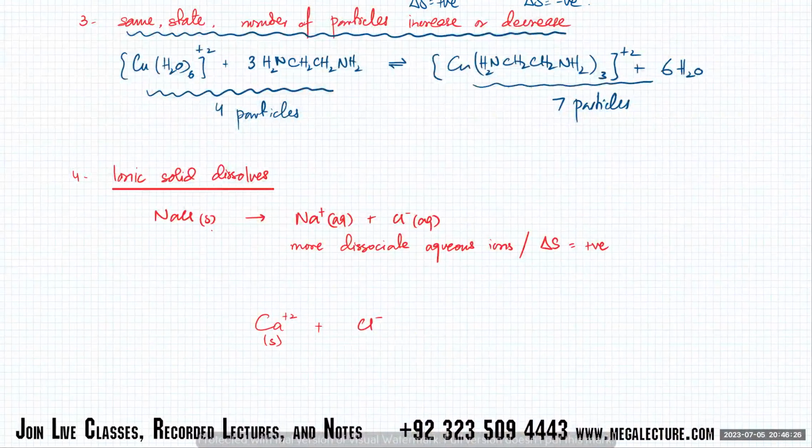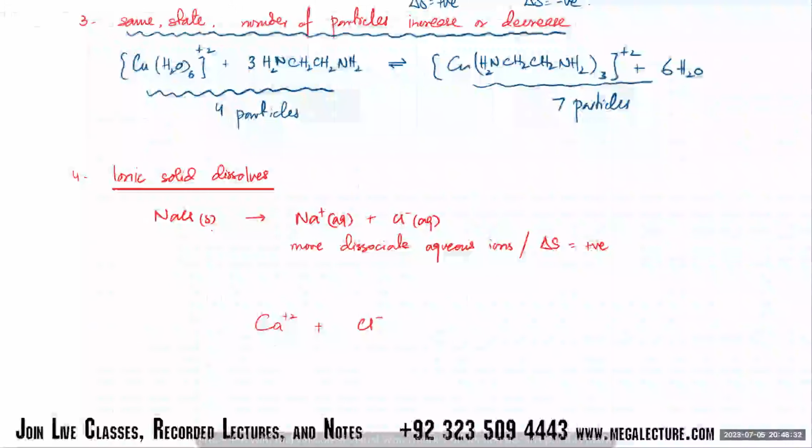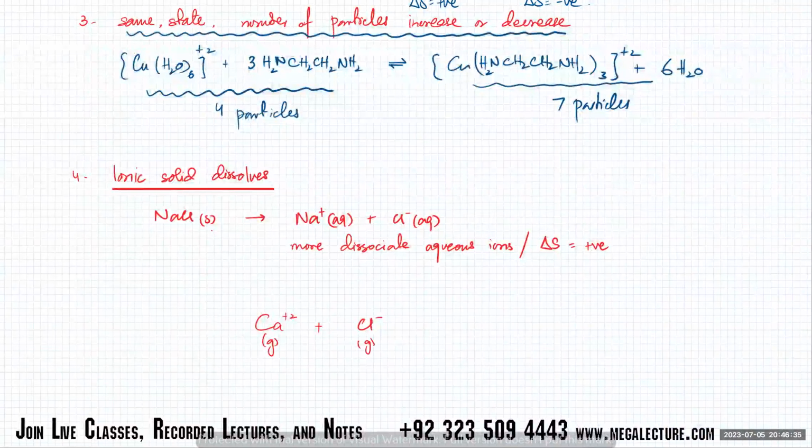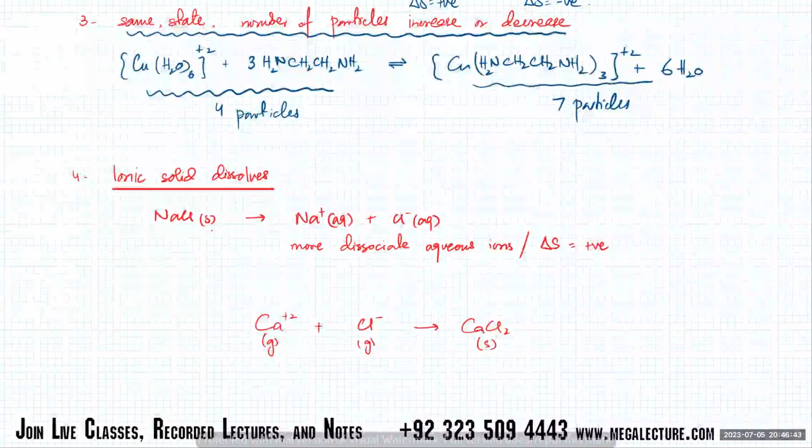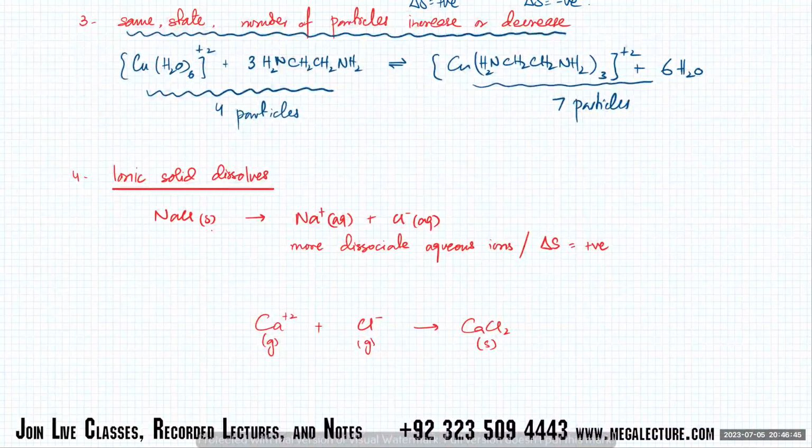Gaseous ions, not solid, are going to turn into calcium chloride solid. And so there's a decrease in disorder. The number of gas particles decreases when it comes to lattice energy. Okay, is this also clear?